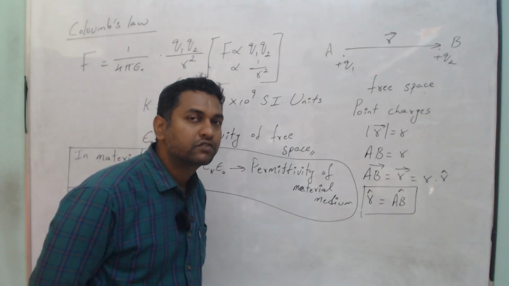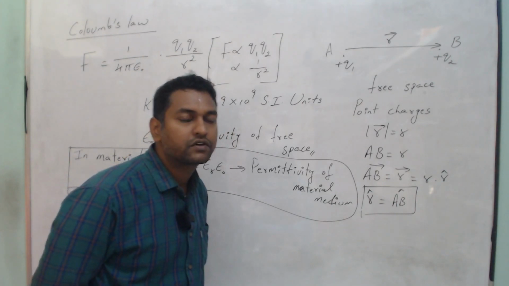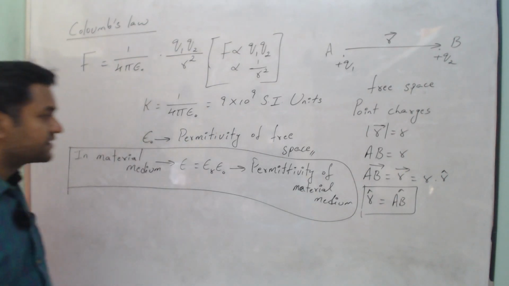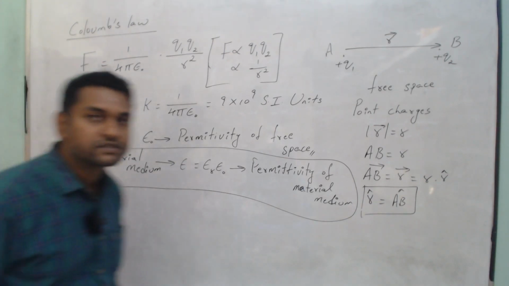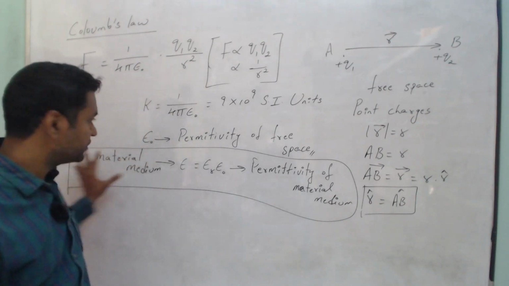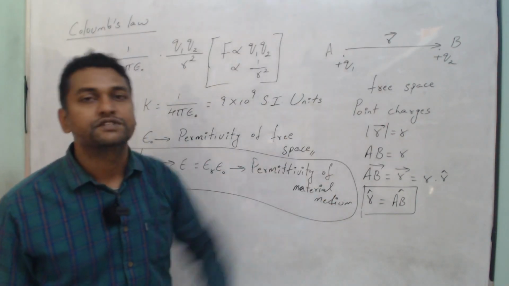Slowly, we both will come to the same plane of understanding a little bit of what it is, not very thoroughly. Just understanding what it is, leave it for later. First, we have to enable ourselves to solve problems. So leave this fellow here only. We basically deal with free space questions.